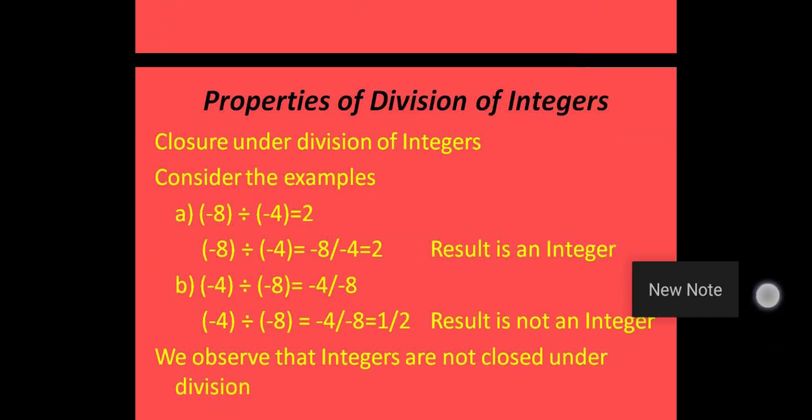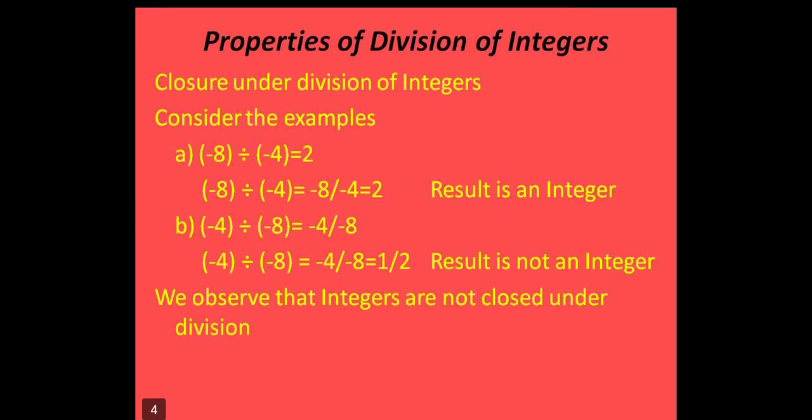Now I am going to explain the properties of division of integers. First one, closure property. Consider the examples. First one, minus 8 divided by minus 4 is equal to minus 8 by minus 4 is equal to 2.